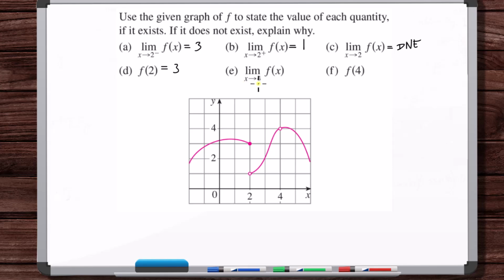Okay, what is the limit as x approaches 4 in general of f of x? Well, coming from the left and coming from the right, we're approaching the same output value, 4, right? But wait a minute, the function doesn't exist at 4. F of 4, there is no output. Doesn't that factor into this limit? 100% no, because we could plug in f of 3.999 a million zeros 9, and we'd get something right below 4. 3.999 a trillion zeros 9, we'd get something right below 4.